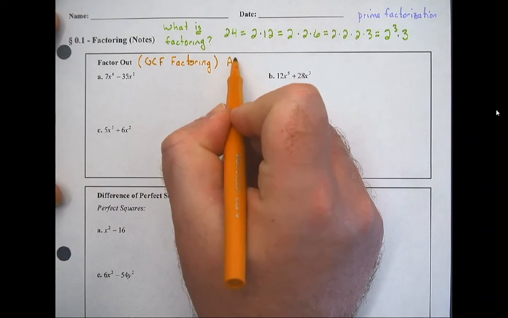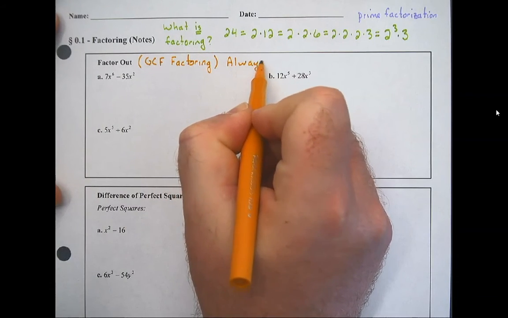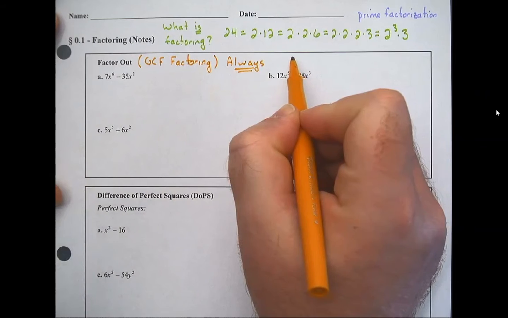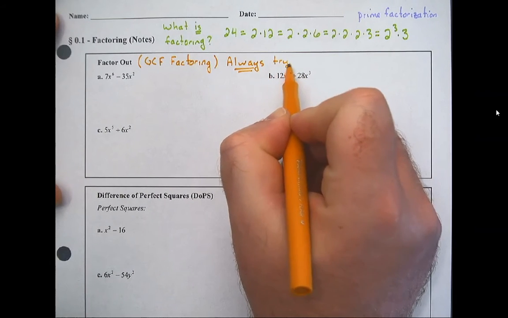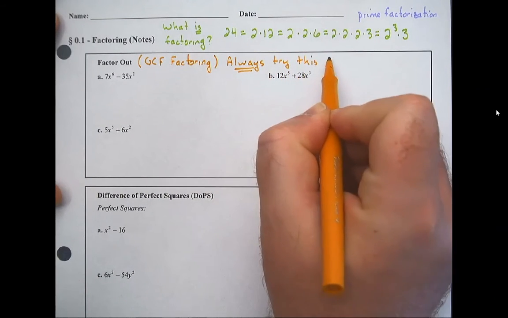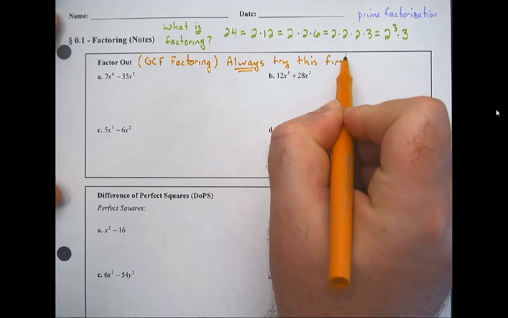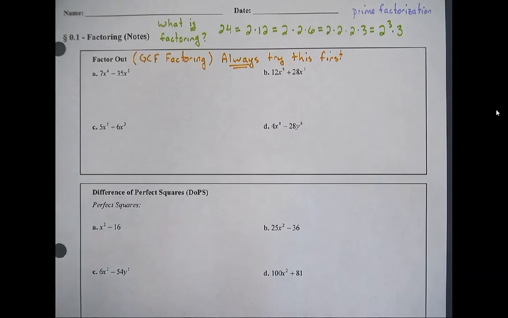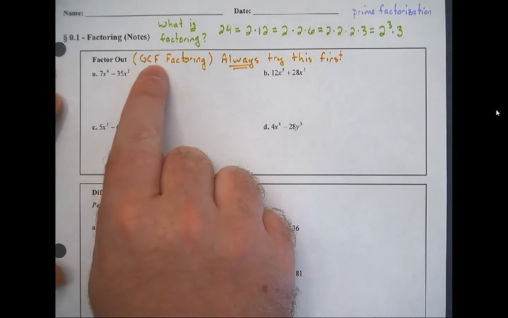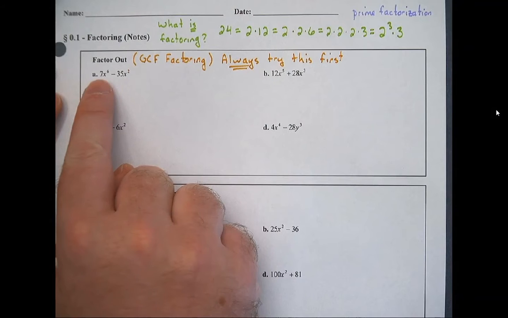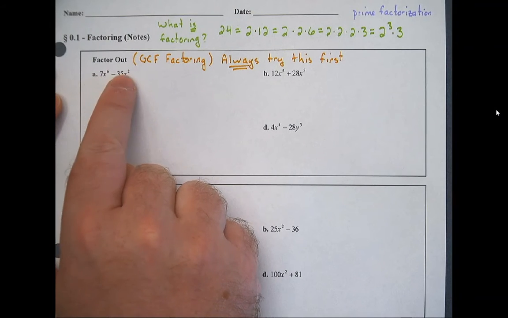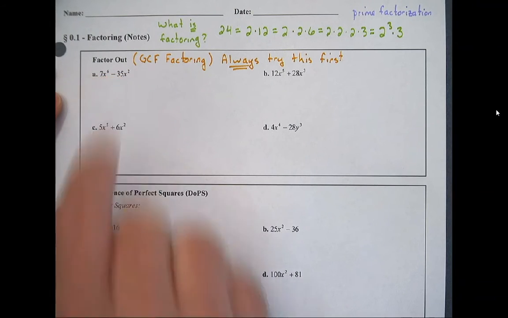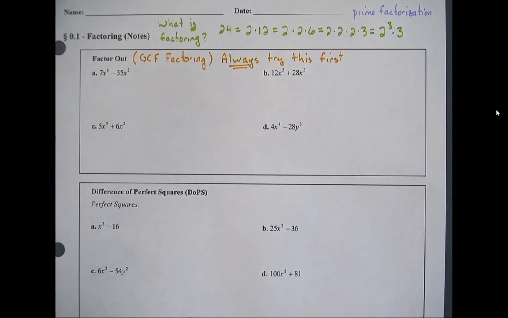You must always try this first. So when I look at anything that I'm going to try to factor, I always try to take out a common factor first, a greatest common factor. I try to factor something out. What I mean by that is if you're looking at these two terms, is there anything that belongs to both of those terms? And we clearly see that.